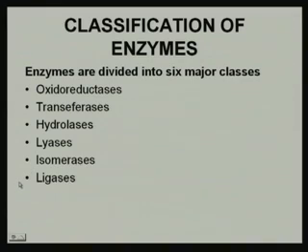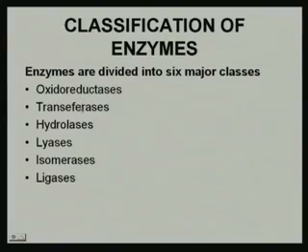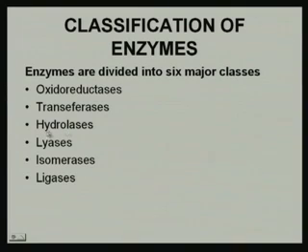Now, suppose anyone is talking to you about a particular number, suppose EC 3.2.1.1. What does it mean? EC means Enzyme Commission. Now, 3 means this is the third group of enzyme. That means that particular person is talking about an enzyme which belongs to the category of hydrolase.